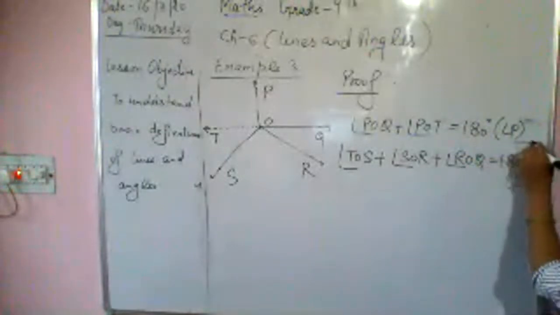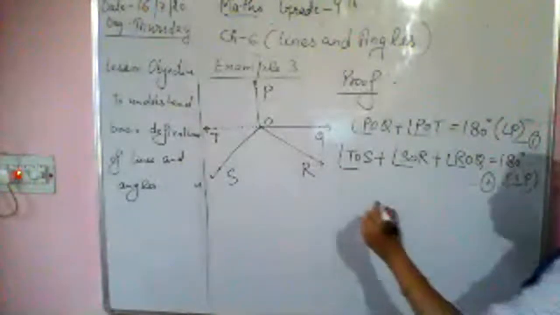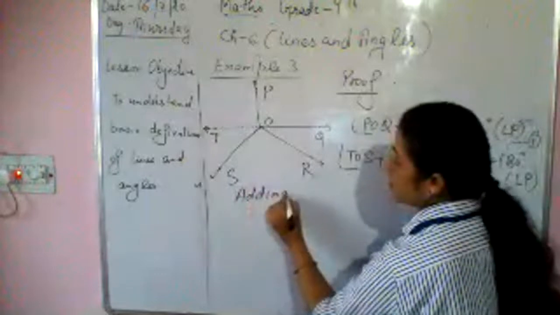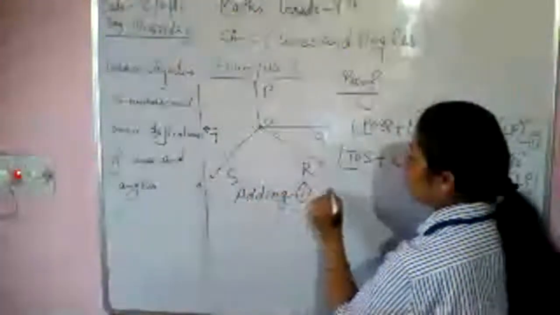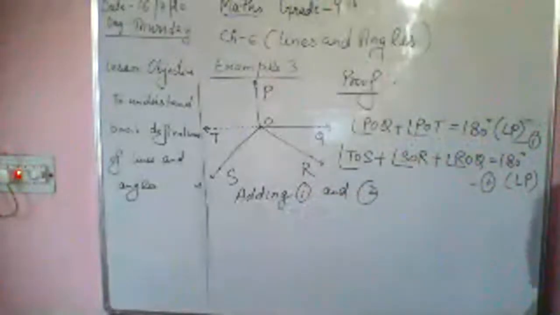So suppose this is equation number 1 and this is equation number 2. So you will add both the equations, adding 1 and 2. Add first and second equation.